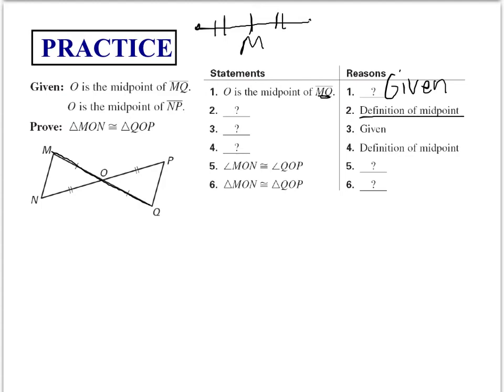So the proof wants us to talk about the two segments that it's making congruent. So we can see that segment MO needs to be congruent to segment OQ. And I think I'm going to write 3, 4, and 5 down here just to give myself some space.